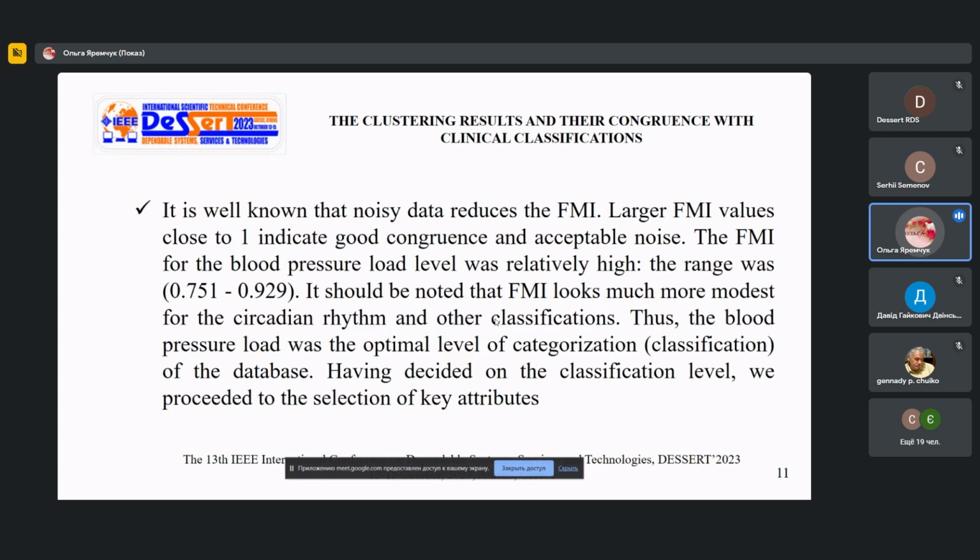The FMI for the blood pressure load level was relatively high, with a range from 0.758 to 0.98929. It should be noted that FMI looks much more modest for the circadian rhythm and other classification levels.